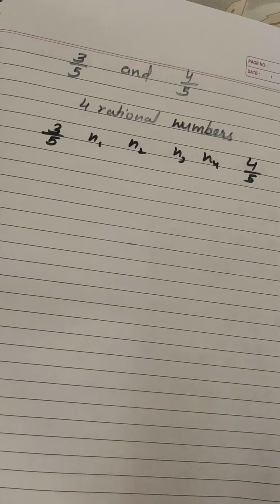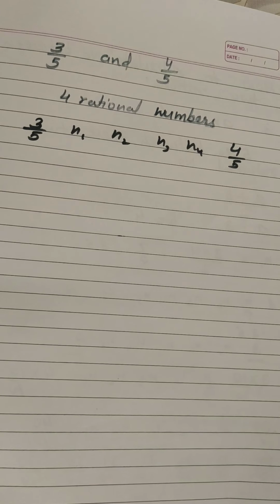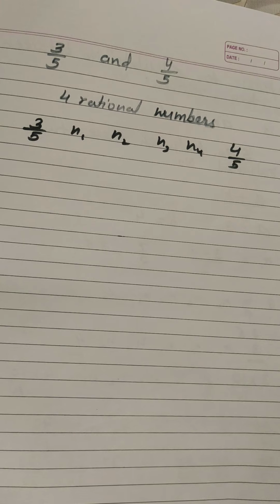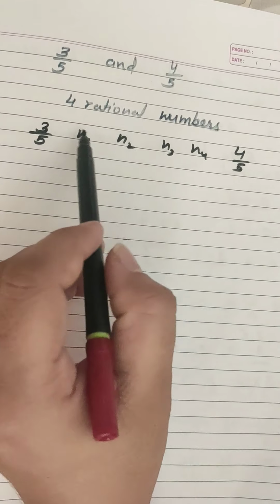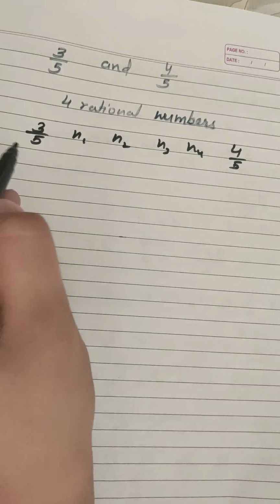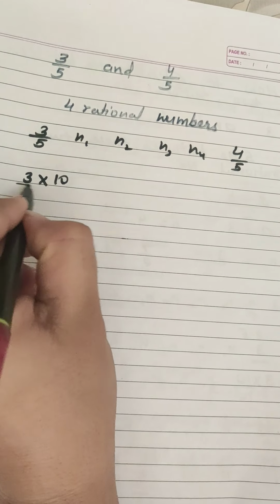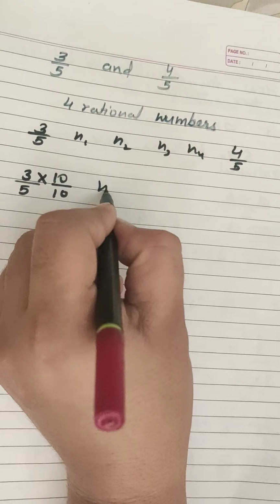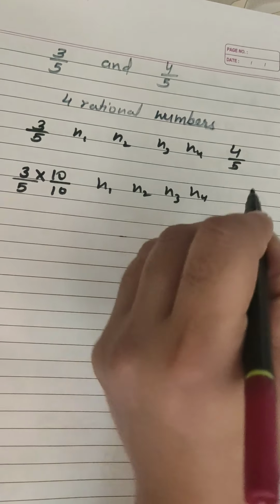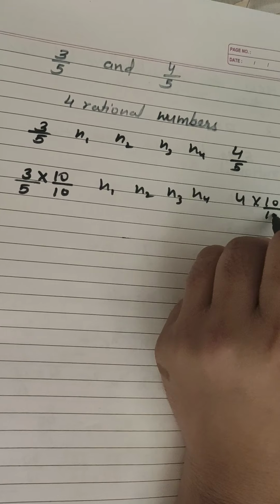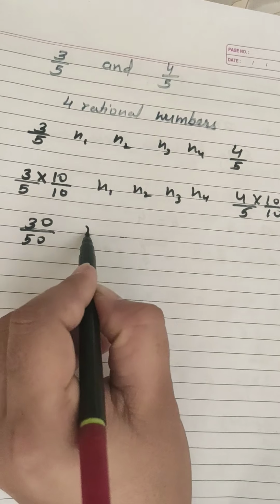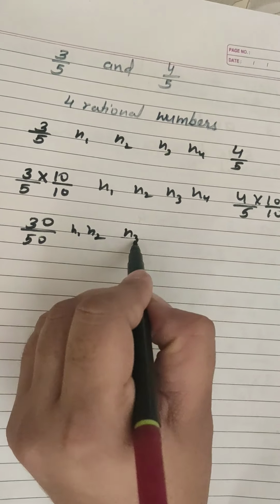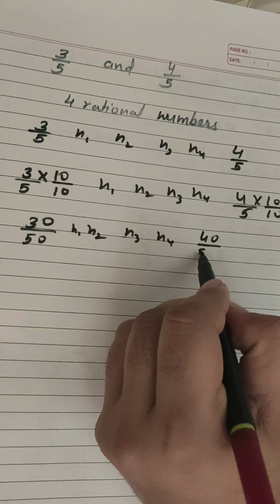Then we would use the LCM method. The LCM method is that we multiply and divide the numbers so that their denominators are the same. If I multiply and divide both the numbers by 10, then here 3 into 10 would be 30 divided by 50, n1, n2, n3, n4, and here is 40 divided by 50.